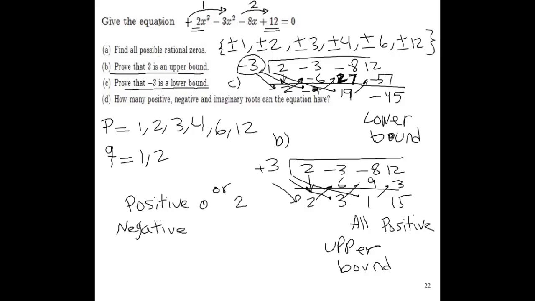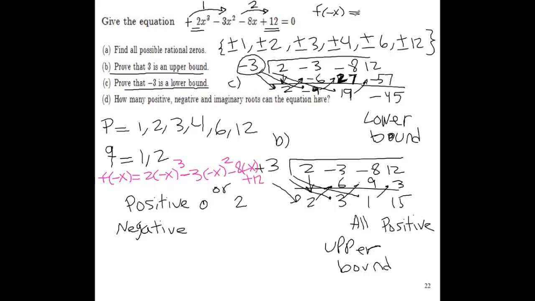For the negative, we need to find f of minus x. That would be the same as 2 times minus x cubed minus 3 times minus x squared minus 8 times minus x plus 12.